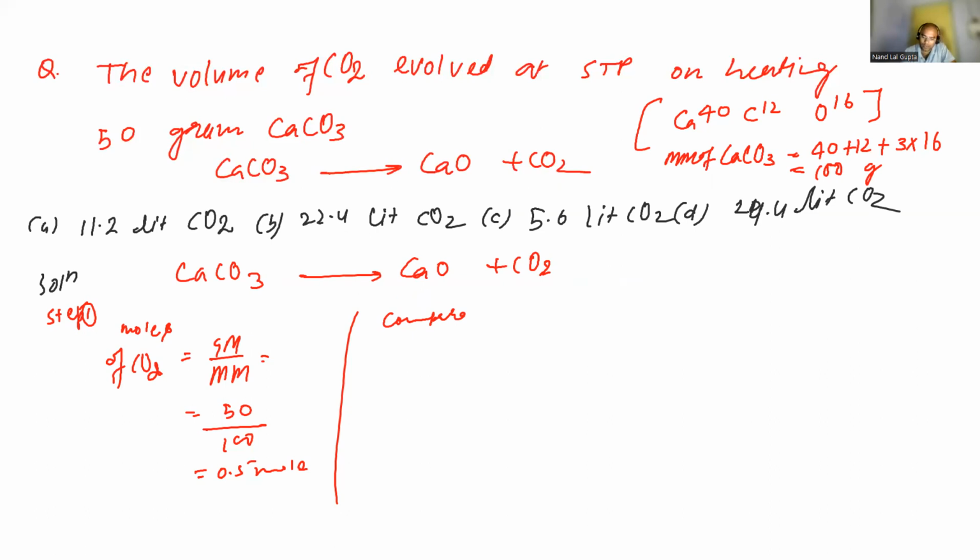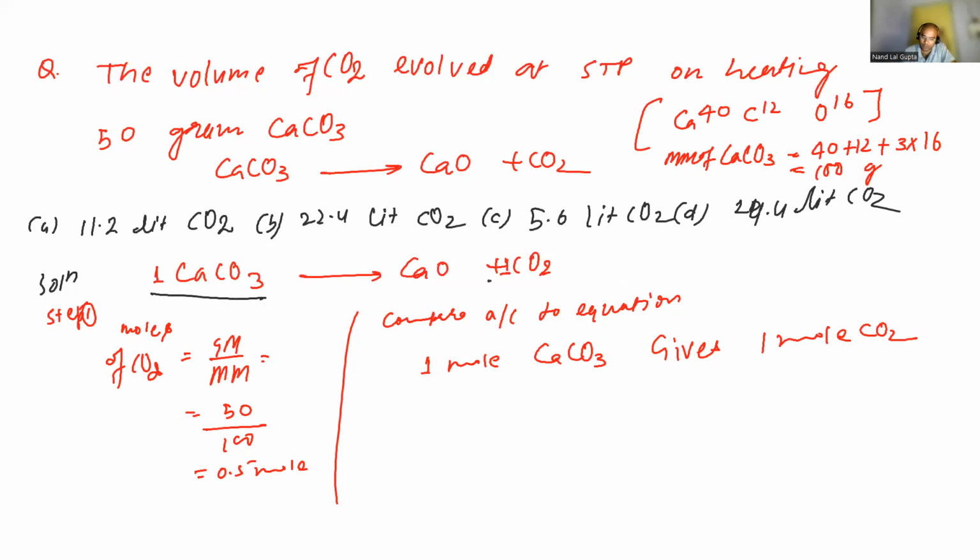Compare according to equation. So how can you compare? See, 1 mole CaCO3 gives 1 mole CO2. Here nothing is there means one, and here nothing is there means one. Are you able to understand this one?